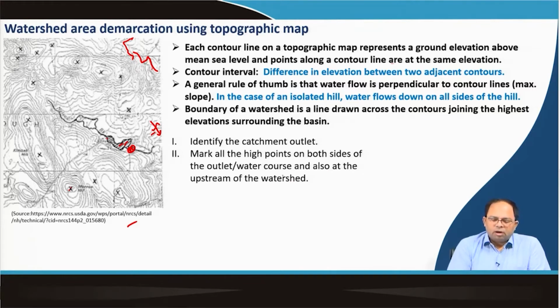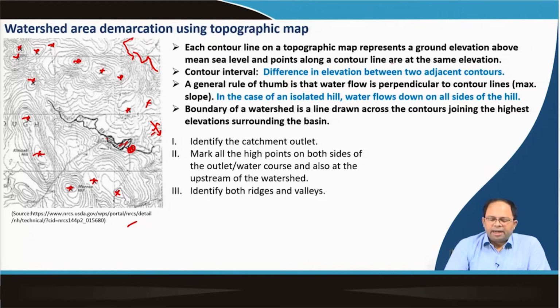So, on both sides of this outlet, I can see these are the high points. Based on the contours, we can identify these high points around this particular outlet, maybe this one as well.